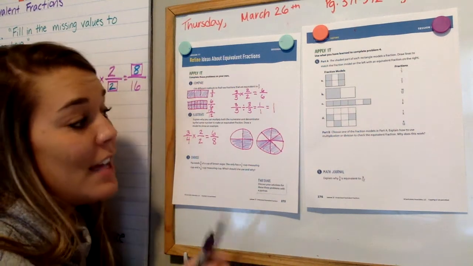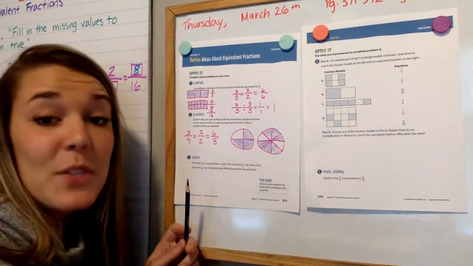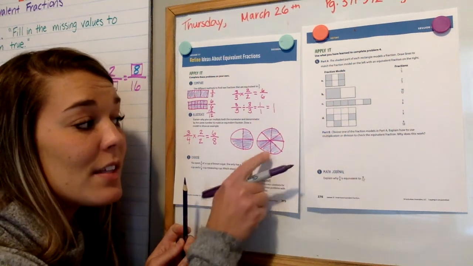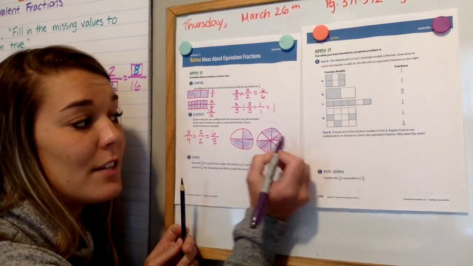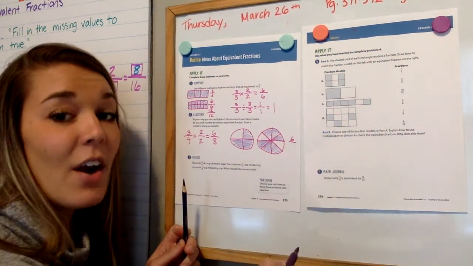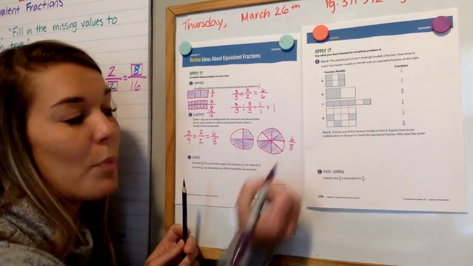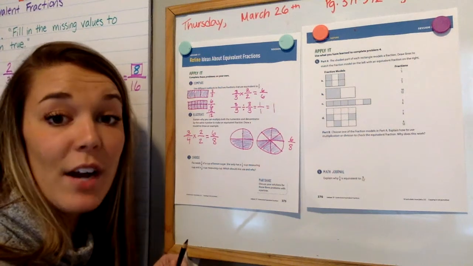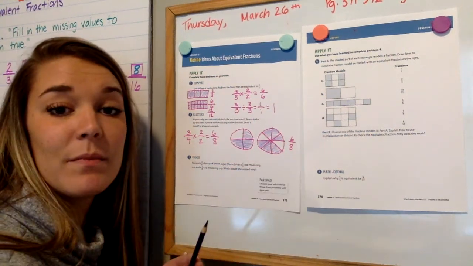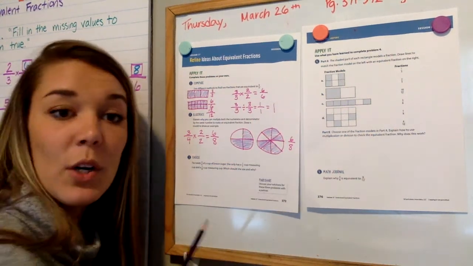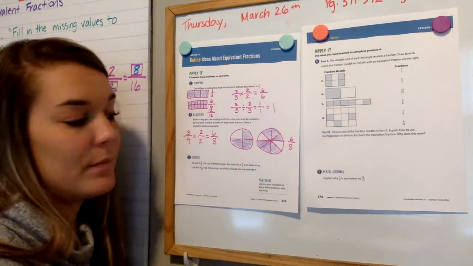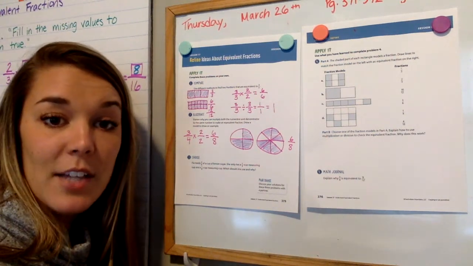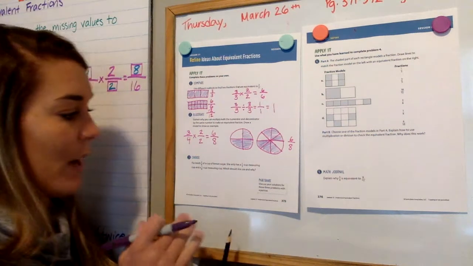But even though I jumped around, are there still 6 pieces shaded? And are there still 8 total pieces? Yes. So it doesn't matter how you shade. As long as you shade 6 out of the 8, you are correct. Pause me if you need to catch up. Otherwise, I'm going to keep moving.